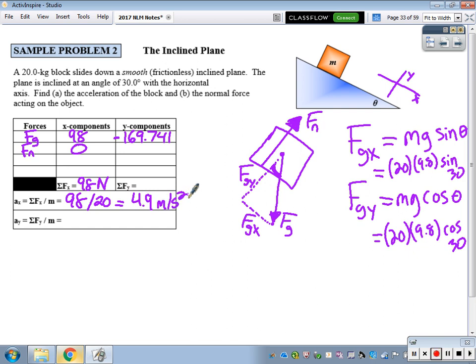Is that a positive rate of acceleration? Absolutely. Does that make sense given the problem that we have? Is it going to accelerate on our newly found x-axis to the right? Absolutely, it should. We would be concerned if, with no other forces, it would be accelerating up the incline. That would be a big issue for us. Okay.